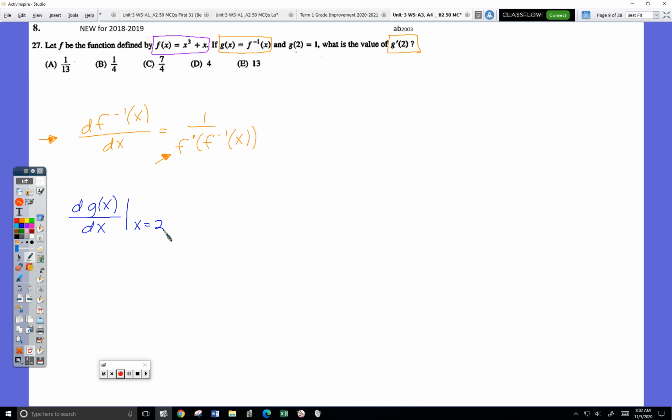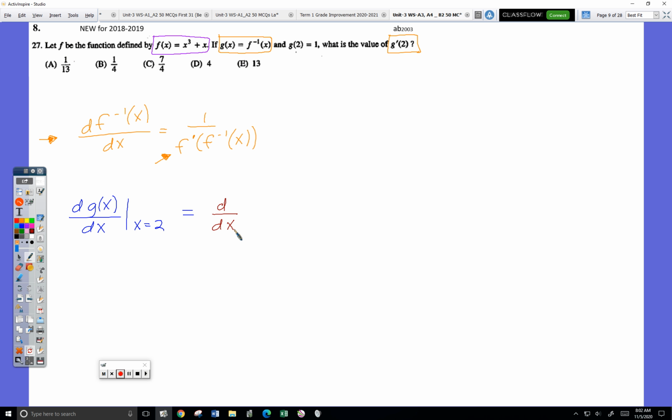Now is where the AP test writer is expecting you to make some connections. So I want to see how many in the room can make the connection. I'm supposed to be finding the derivative of g at an x value of 2. Based on the clues, this is equivalent or the same as something else. Like I can write, oh, this is going to be the same as d over dx of blank.